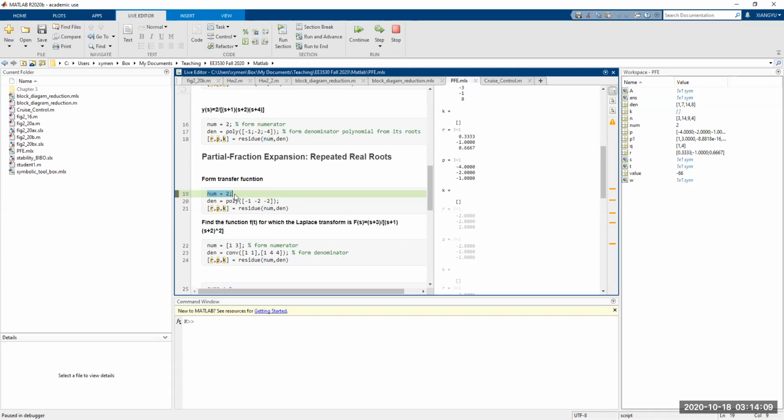The numerator is 2. Then it has 3 roots: -1, -2, and -2. So the roots -2 are repeated, but we can still use the command residue to find the partial fraction expansion.